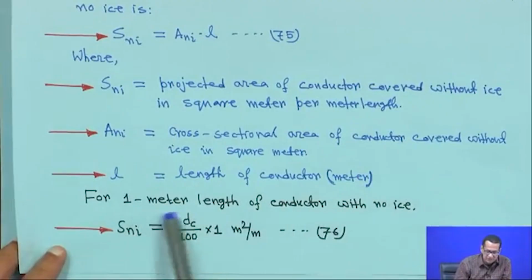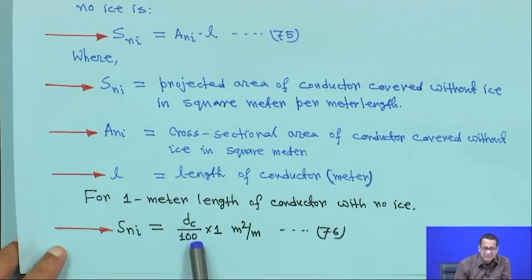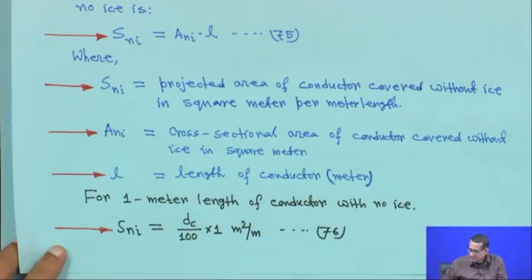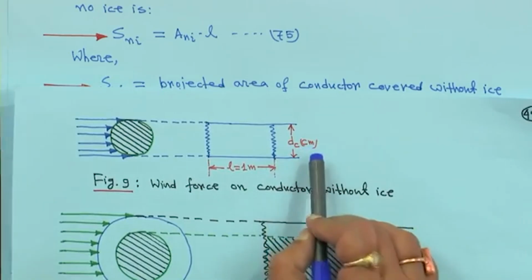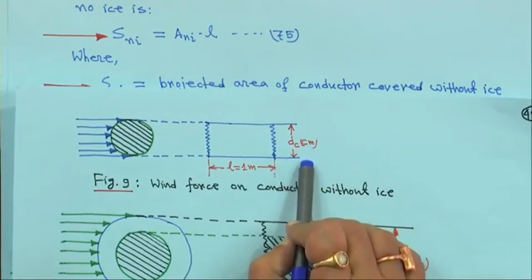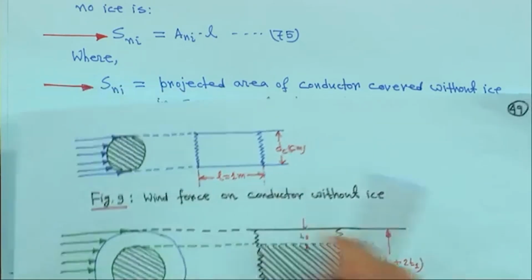Therefore, for 1 meter length of conductor with no ice, dc is in centimeter, divided by 100. So, it will be meter into 1, meter square per meter. That is why this is the projected area of the conductor. This is dc centimeter divided by 100, it will be meter, and this is the length 1 meter.